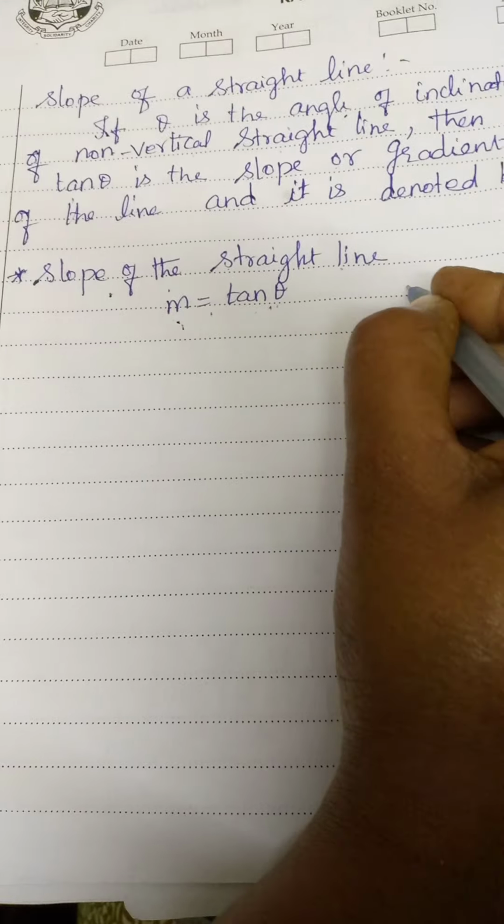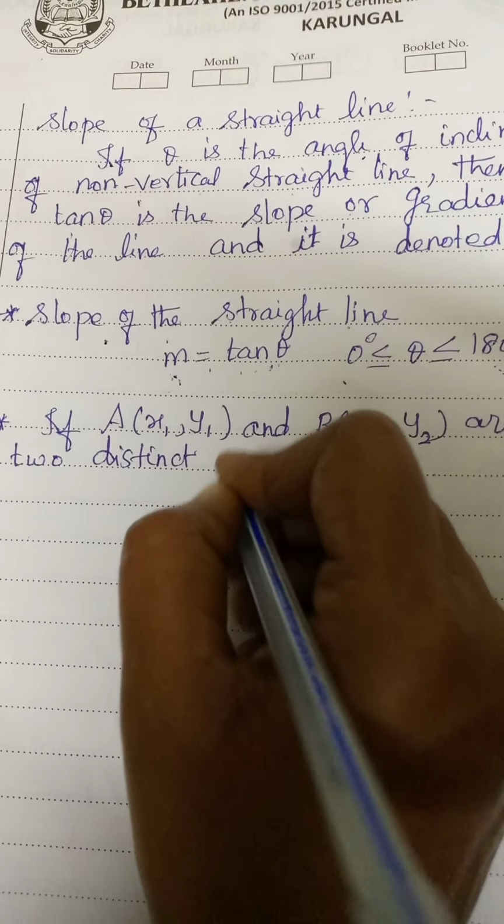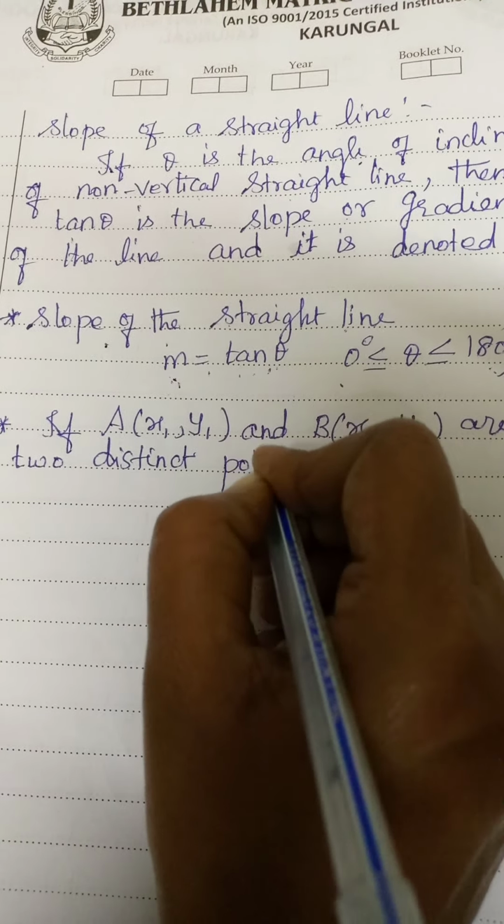Okay. What is the next formula now? If A of x1, y1 and B of x2, y2 are two distinct points, then the slope of AB is, what is the formula now?